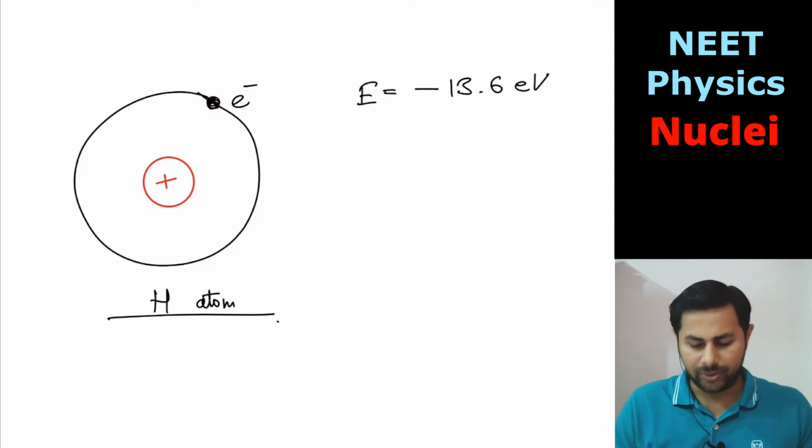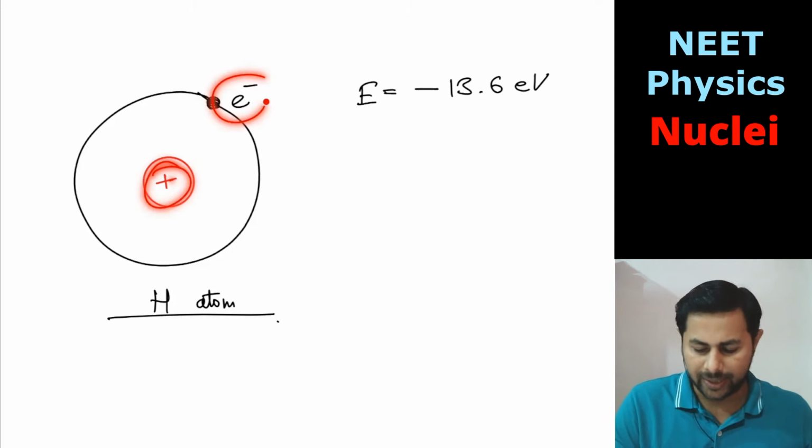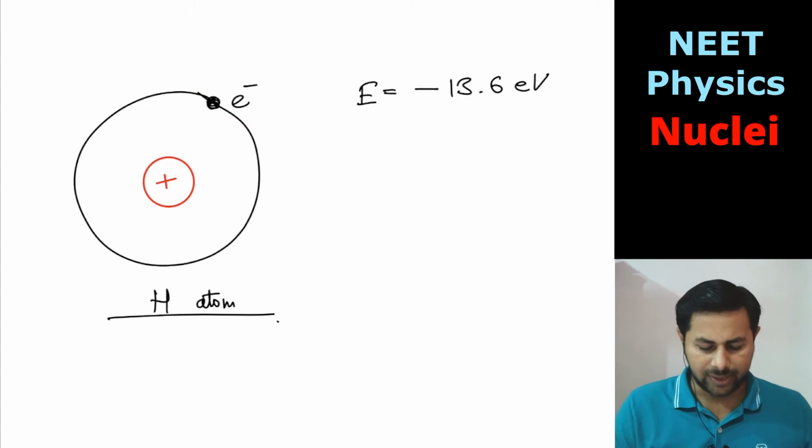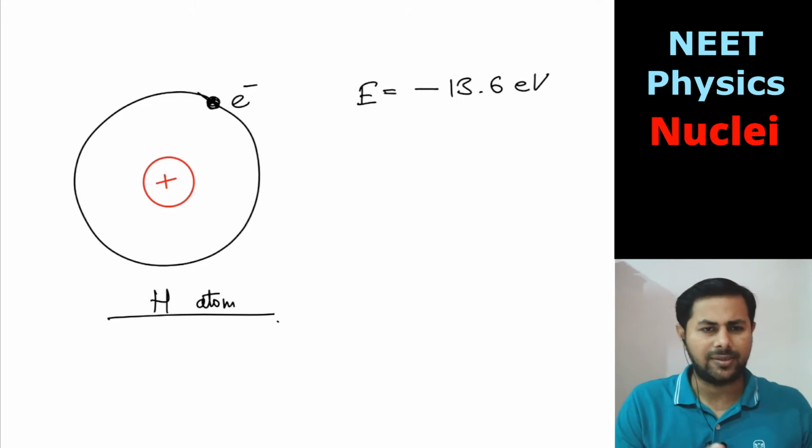Now suppose you want to separate this proton and electron. What's there in the nucleus of the hydrogen atom? There is only one proton. The energy required to separate them is known as ionization energy, or you can also call it binding energy.